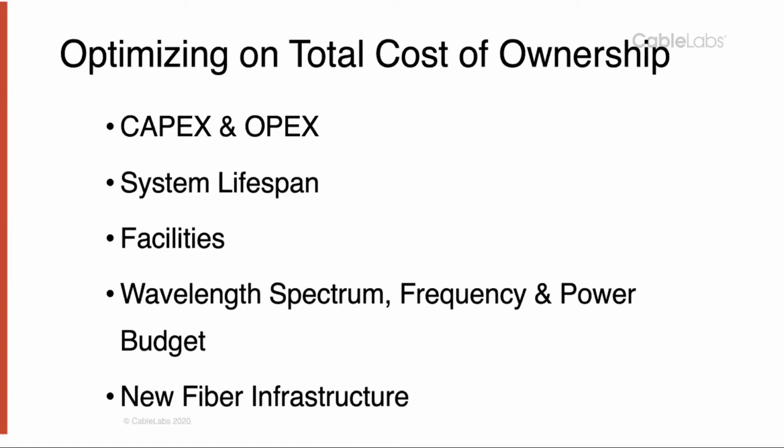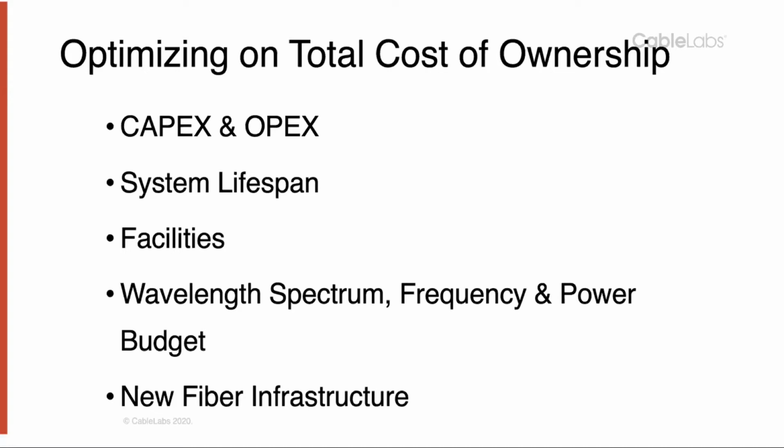You want to make sure that from a facilities perspective, the reach of the technology is such that you're not going to be prompted to deploy more facilities in between to make up for any reach limitation. So we want to make sure that we use the fiber capacity as efficiently as we can. So wavelength spectrum is at a premium. That's our currency. And we want to have all the tools to take advantage of that.